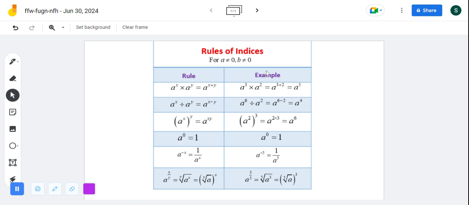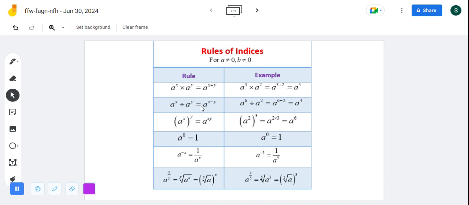So, I have on the screen the rule and the example. It shows that if you have two common factors, which are the A's, and they are being multiplied in the indices or index form, it can be translated as being added to each other.